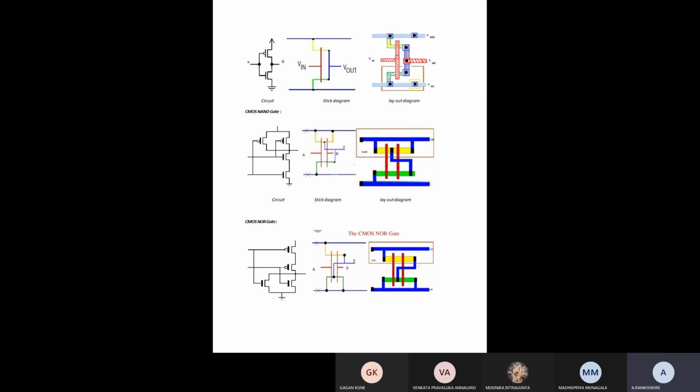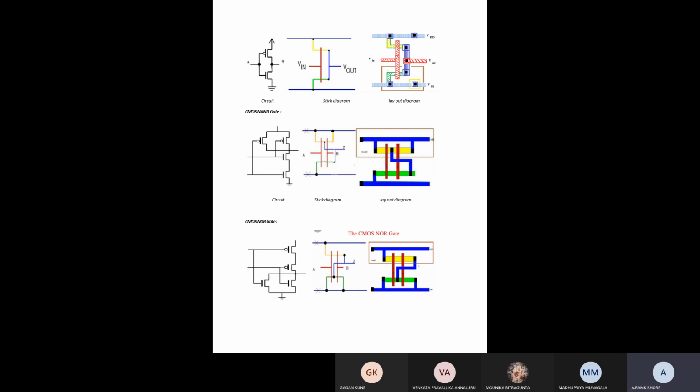So that is about today's class. All of you learn those encoding colors and the layout design rules, and try to draw different functionalities with the help of suitable layout diagrams.